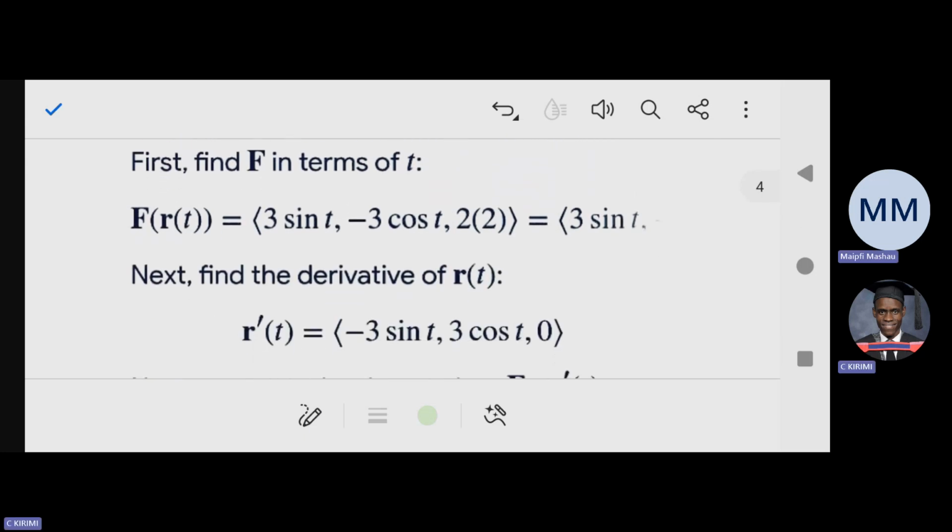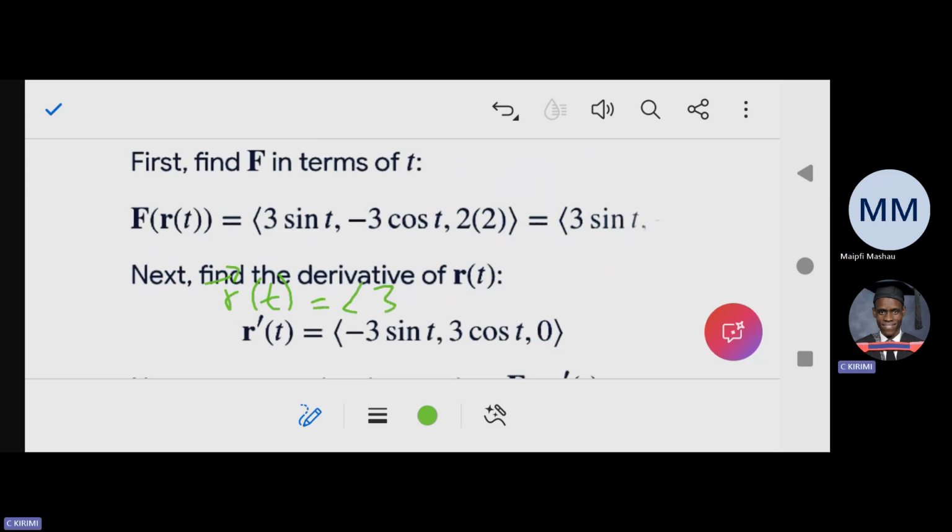Yes. Thereafter, you find the derivative of r. When you differentiate 3 cos t, what do you get? I'm saying now we are calculating the derivative of r. Minus 3 sin t. Remember our r of t as a vector was equal to that square bracket.